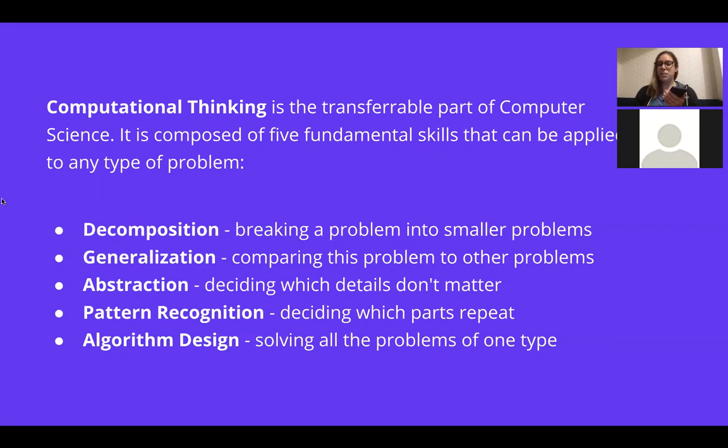Generalization: have I seen this problem before? Can I recognize patterns? Abstraction, so figuring out which details don't matter. Pattern recognition, figuring out which parts repeat, so in the case of my code, not having to write the same code over and over again. And algorithm design. So those are the five fundamental skills of computational thinking.